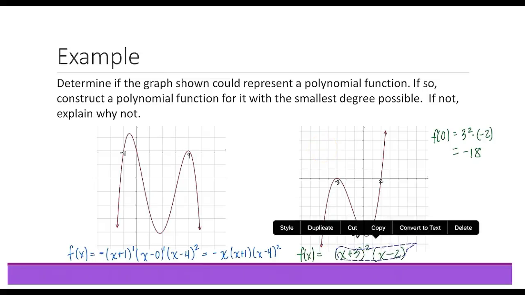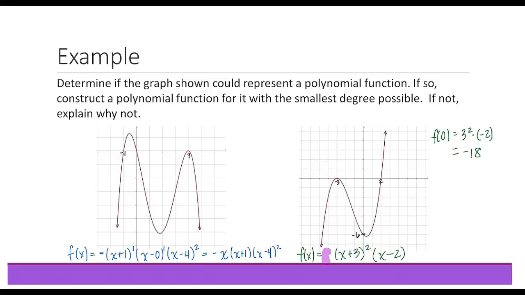We need to think about what coefficient I want to multiply in the front so that I can make my current y-intercept, negative 18, into negative 6. Well, I want to multiply by 1/3. I want to multiply by a 1/3 in the front. Let me erase that. Because now that's not my function.